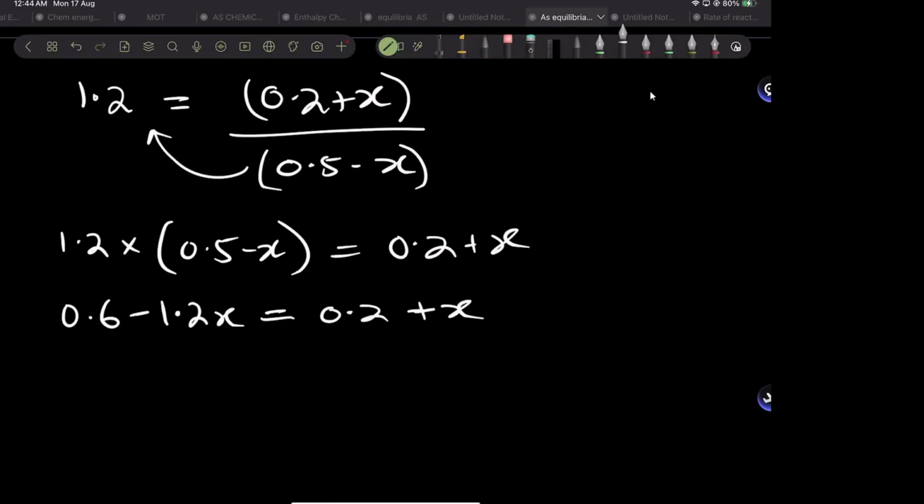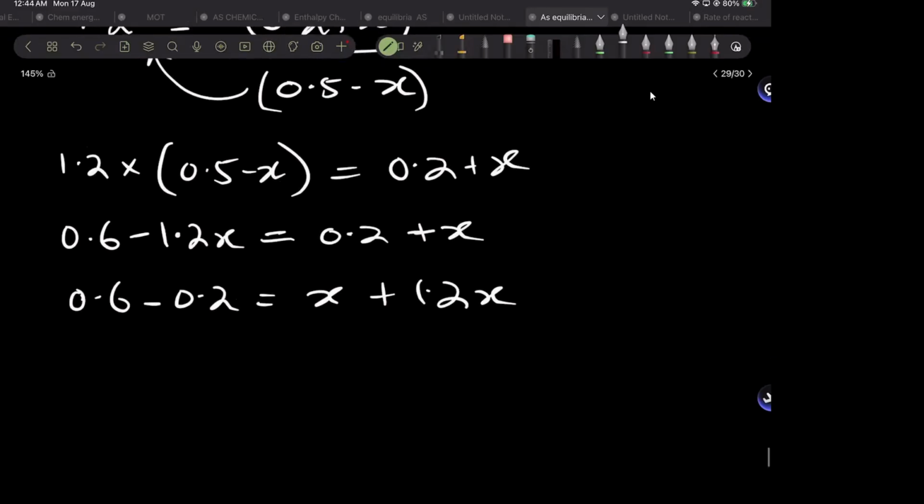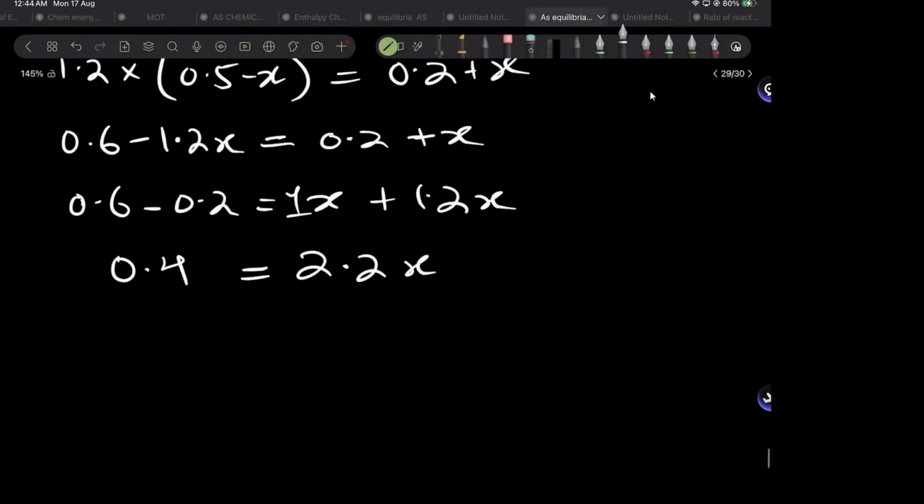So 0.6, and then 1.2 into minus X would be minus 1.2X, is equal to 0.2 plus X. Now make X the subject, take the like terms on one side. So 0.6 minus 0.2 would be 0.4, and then X plus 1.2X would be 2.2X. That makes X equal to 0.4 over 2.2.